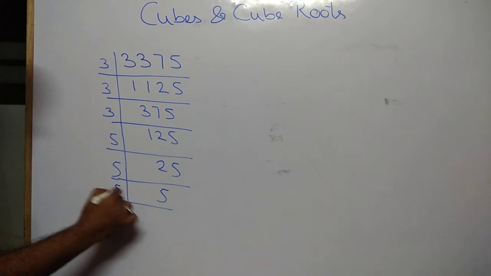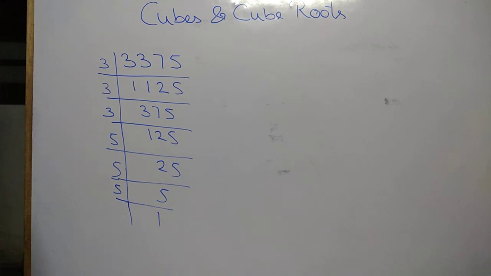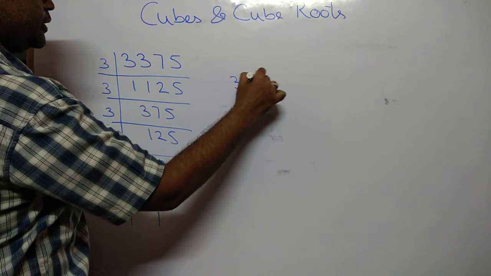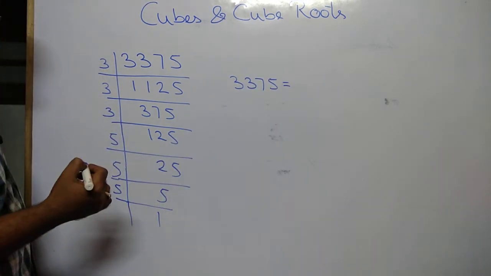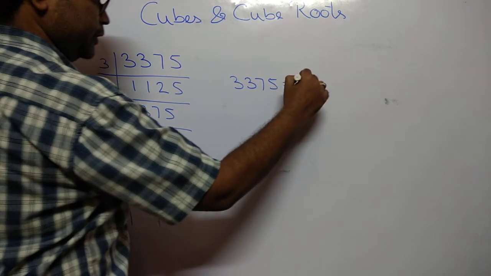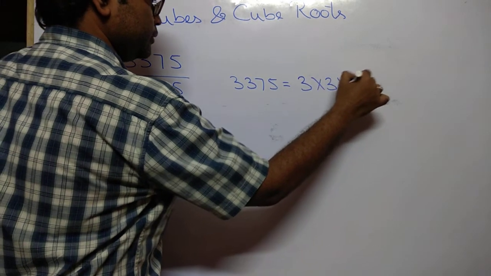If you wish, you can do it likewise also. So here we can write down 3375 equals, we can write the prime factorization other than 1.